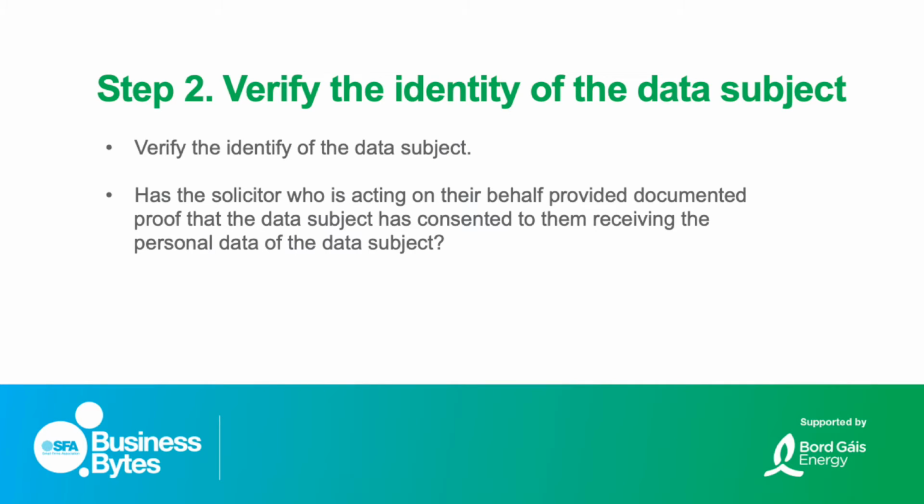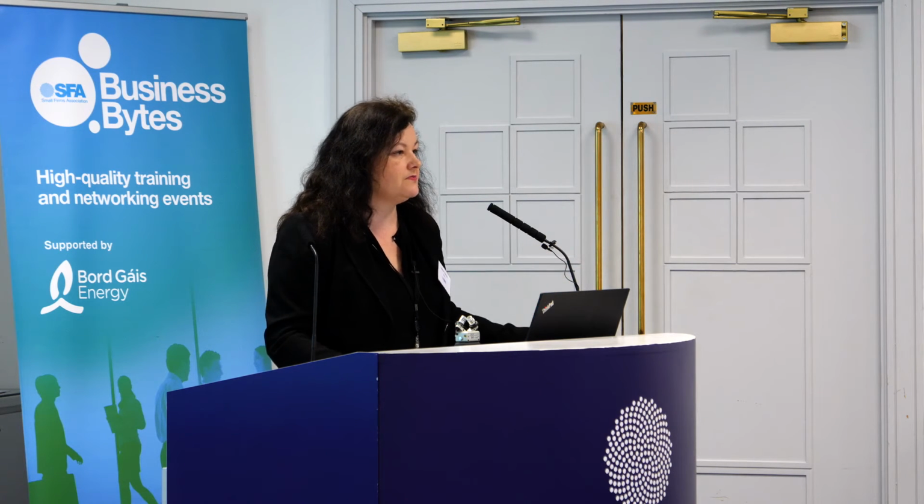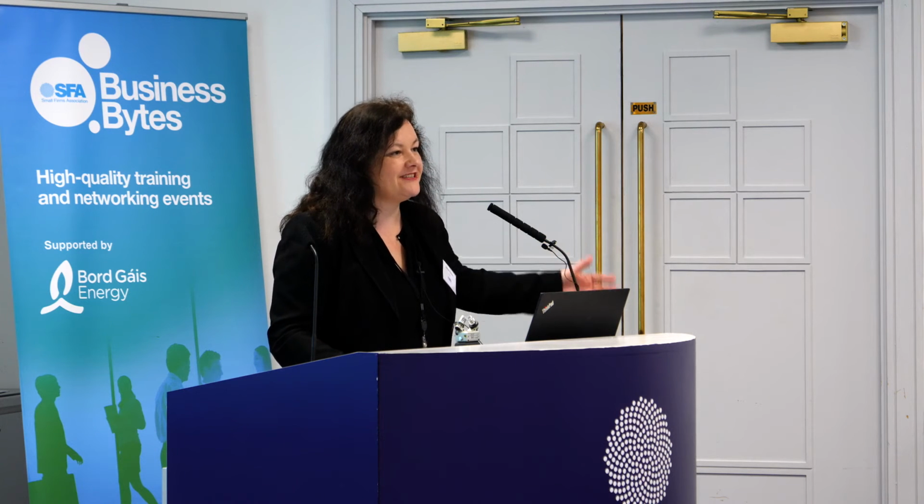So the next step is verify the identity of the data subject. Often you'll know who it is, whether it's an employee, but in some cases you might not. So you might want to get some form of ID to prove they are who they say they are, because you don't want to give somebody's personal data to the wrong person when you think you're actually acting on a data access request.